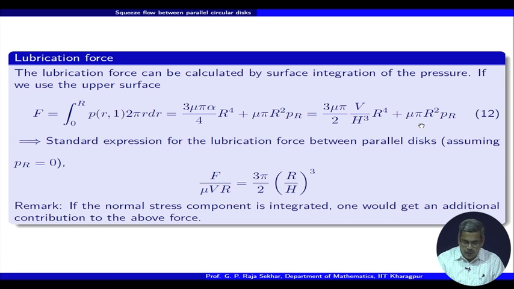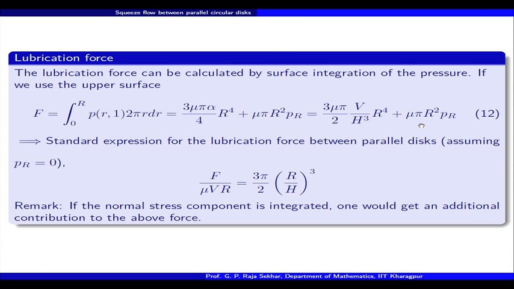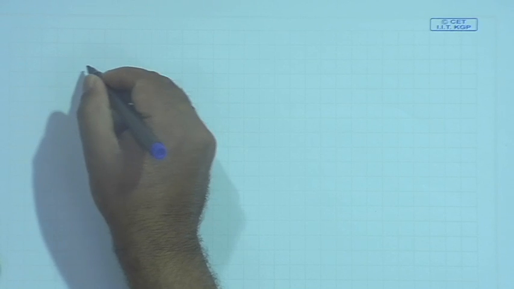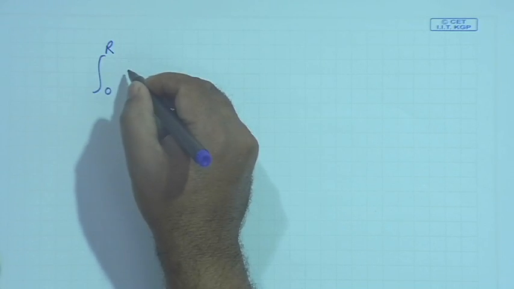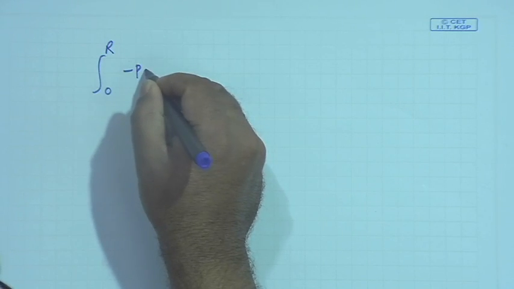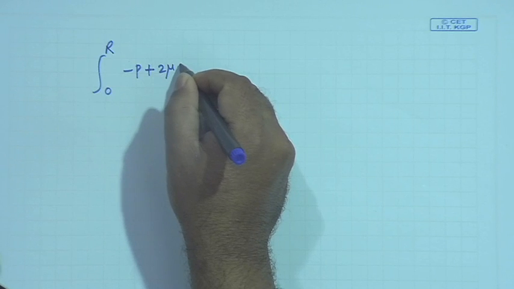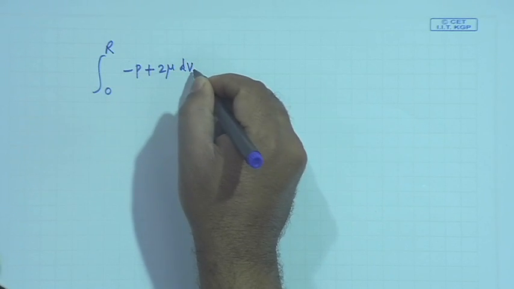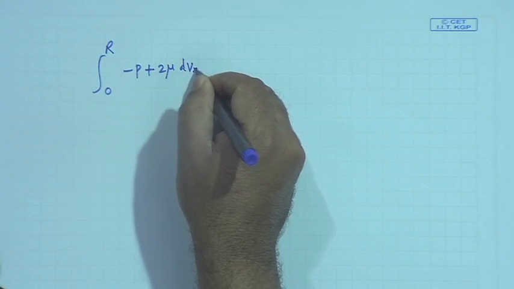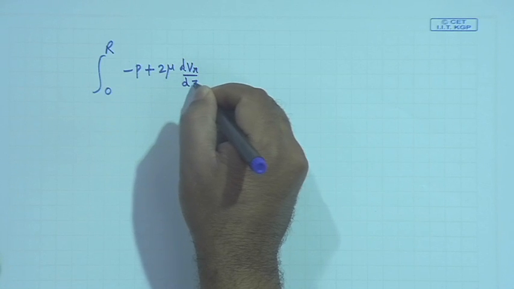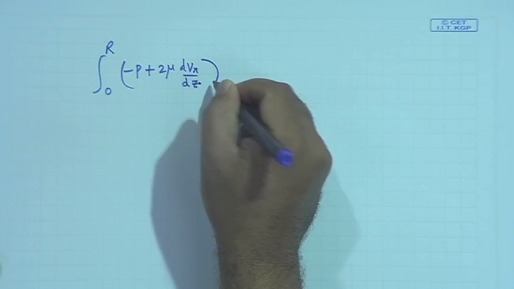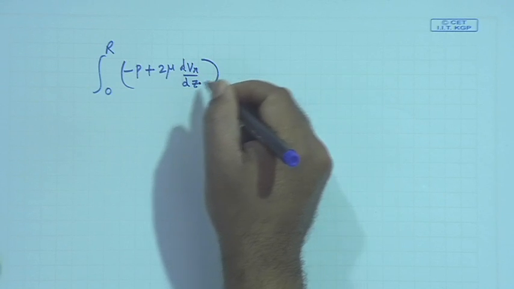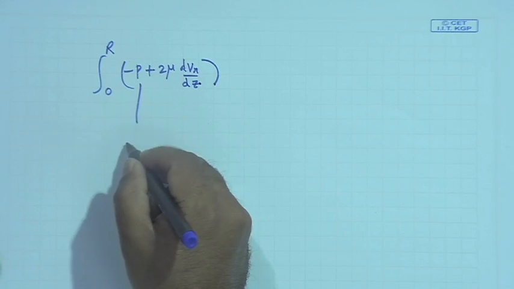So, when I say what is the corresponding normal stress component, what I am trying to say is, if you integrate P plus 2 mu d v r by d z. Okay. So, this is a normal stress component. If you integrate, from here we got two terms.